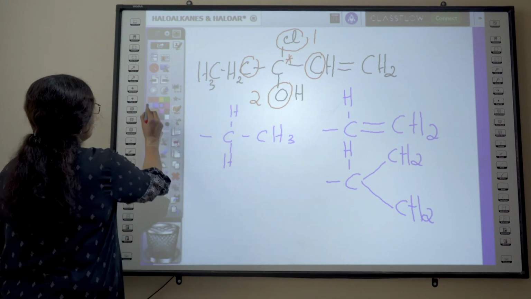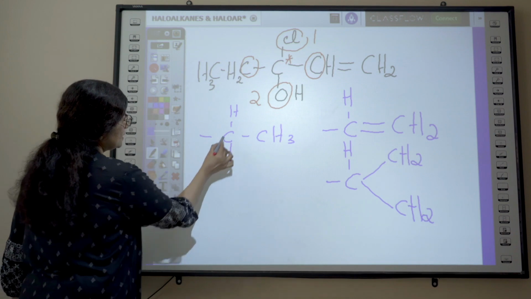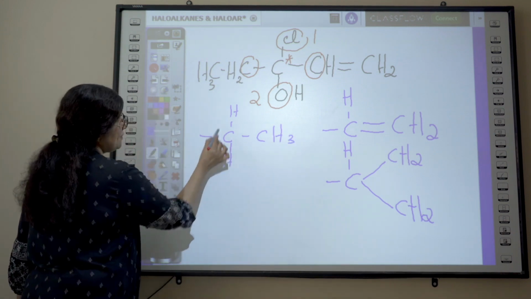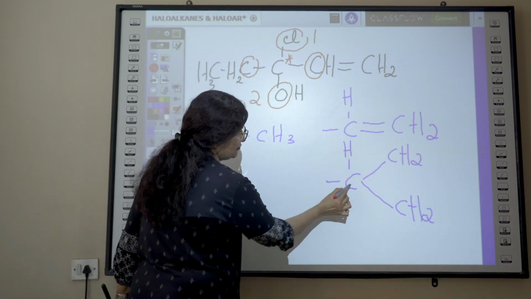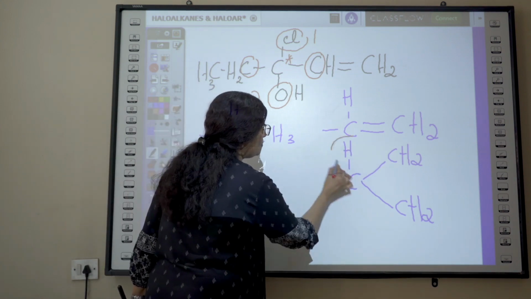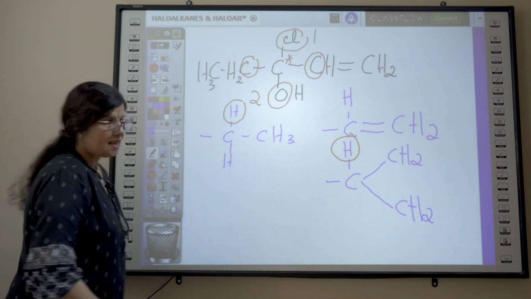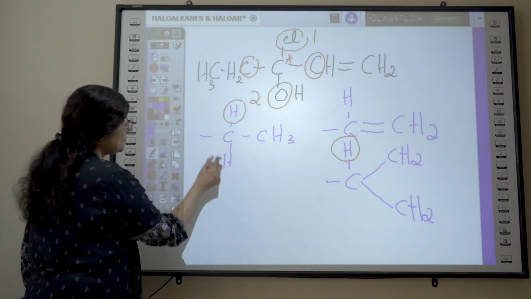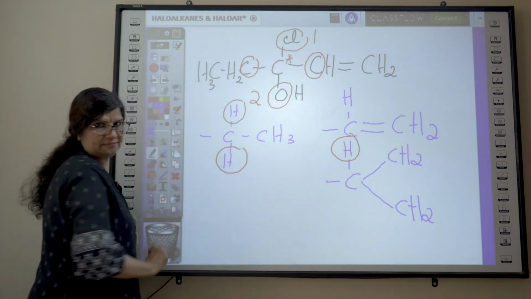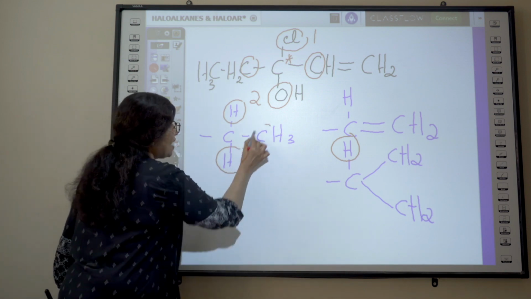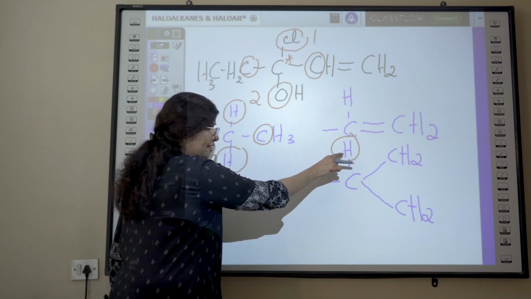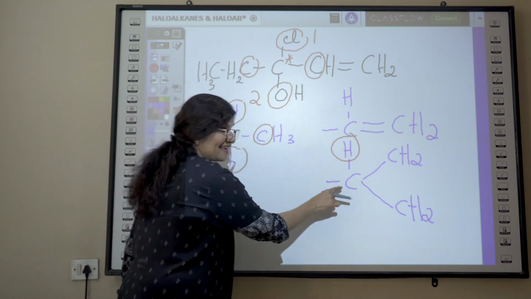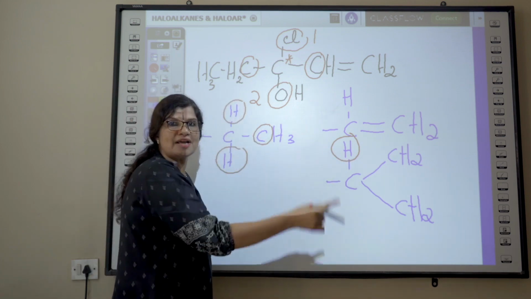Let's assign priority. Now, this is the carbon atom. This carbon atom is bonded to 1 hydrogen. This carbon is also bonded to 1 hydrogen. In the ethyl group, the carbon is bonded to another hydrogen, and 1 carbon. This carbon has already been bonded to 1 hydrogen, but the second attachment is not to a hydrogen.